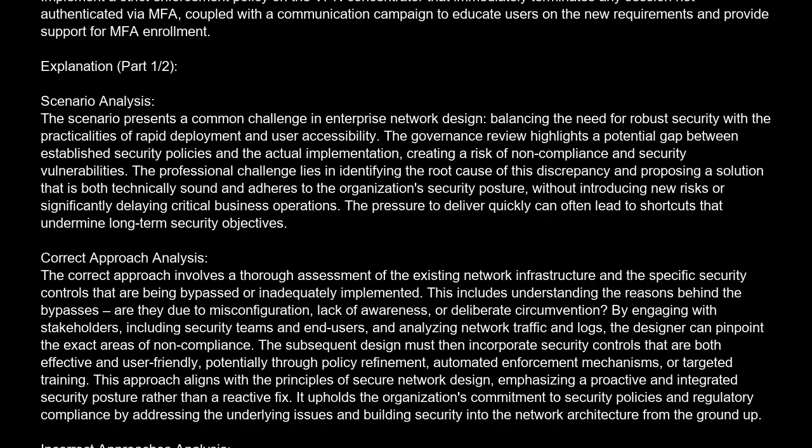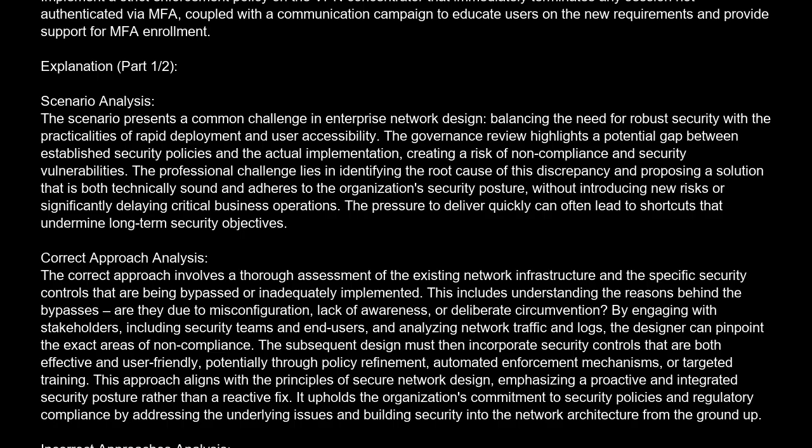The professional challenge lies in identifying the root cause of this discrepancy and proposing a solution that is both technically sound and adheres to the organization's security posture, without introducing new risks or significantly delaying critical business operations. The pressure to deliver quickly can often lead to shortcuts that undermine long-term security objectives.